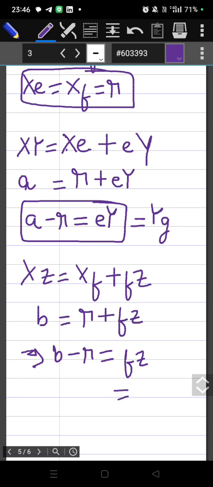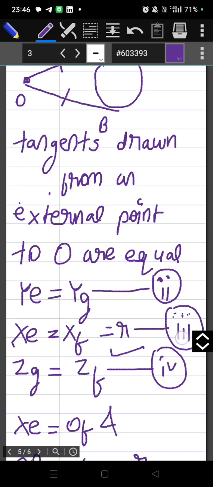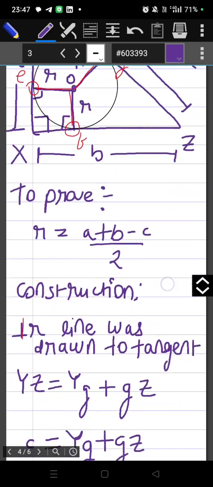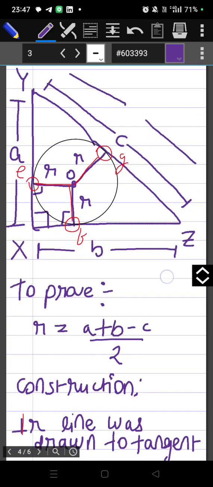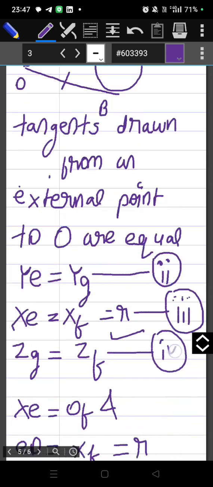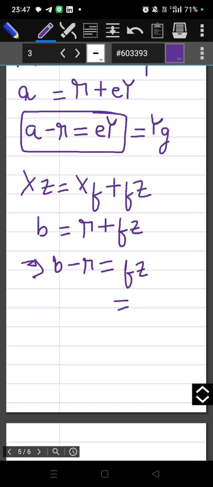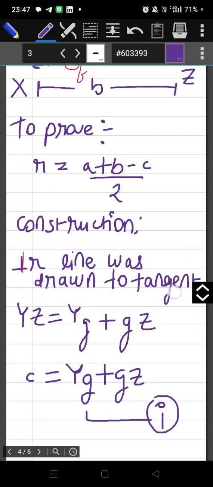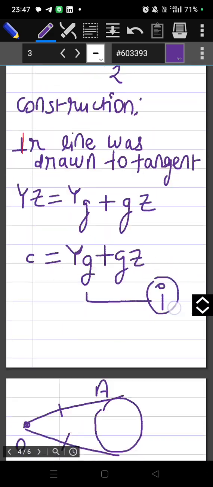FZ is also equal to CZ, due to that property which I have already told, that the lines from an external point to a circle are always equal. So BZ equals CZ. So hence, FZ is equal to GZ.